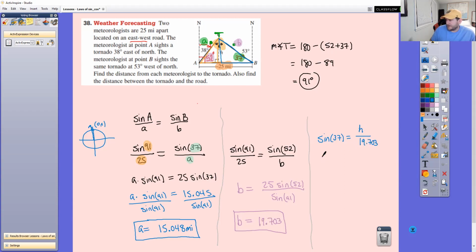So now just cross multiply, and 19.703, which by the way should be the number that's still sitting in our calculator right now, just needs to get multiplied by the sine of 37 to give us our height. So just press times sine 37. And that'll give you 11.857723, which rounds to 11.858.